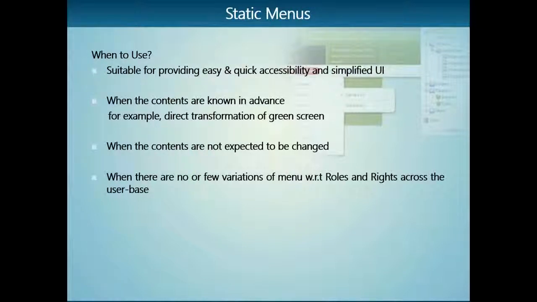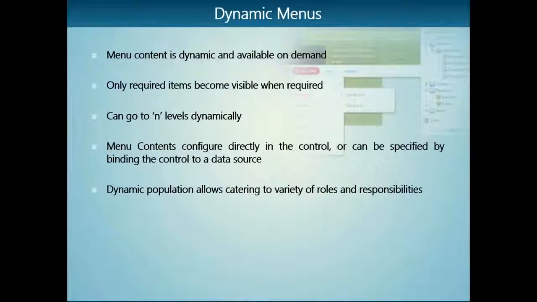A dynamic menu, on the other hand, as the name suggests, is dynamic and may change at runtime according to a particular situation, like different user rights or different states of options. For instance, a right-click on an MS Word file has different options compared to, say, an MS Paint file.